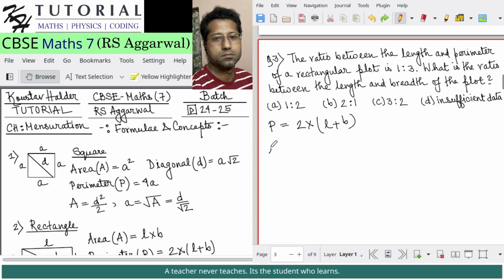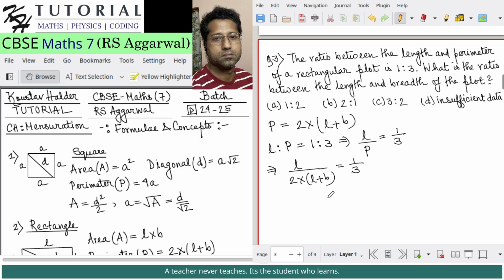So it is given that length L is to P is equal to 1:3. So this implies L by P is equal to 1/3. This implies L by what is P? P is 2 into length plus breadth is equal to 1/3.